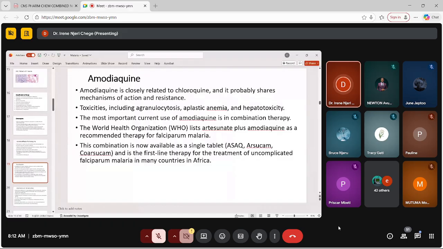I hope we're together. It looks like a lot, but it's not. So artemisinin and its analogs are rapidly absorbed. Peak plasma occurs promptly. Half-life is about 1 hour for artesunate, half an hour for dihydroartemisinin, and 2 to 3 hours for artemether.